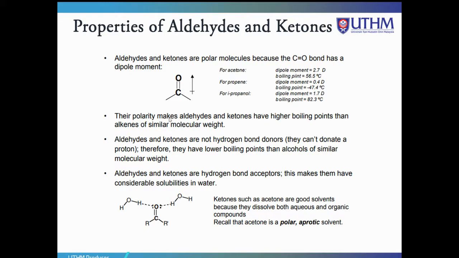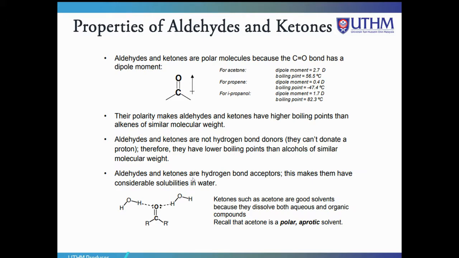Their polarity makes aldehyde and ketone have higher boiling points than alkenes of similar molecular weight. Aldehyde and ketone are not hydrogen bond donors, which means they cannot donate a proton. Therefore, they have lower boiling points than an alcohol of similar molecular weight.